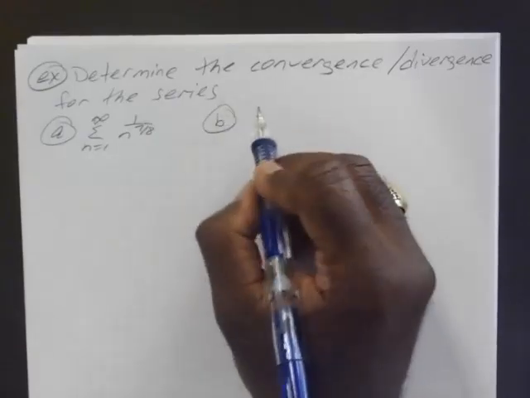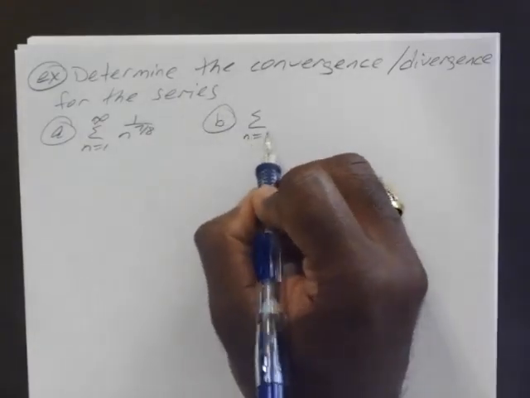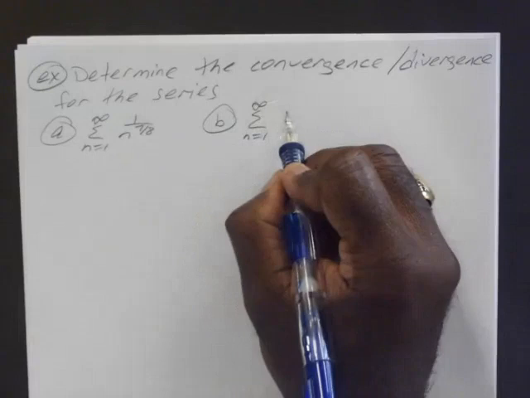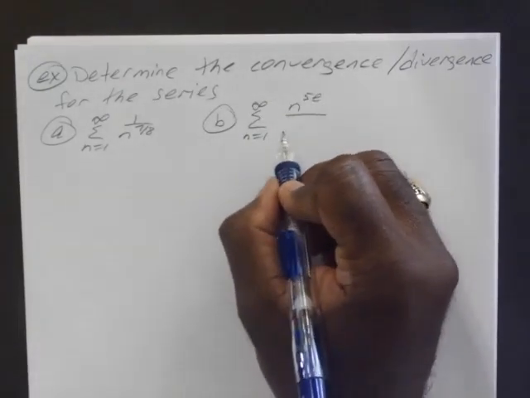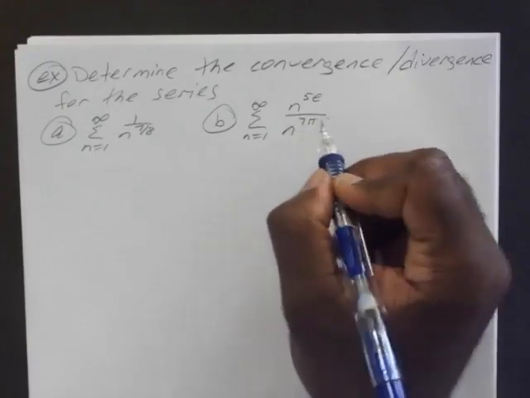And for B, we have the sum from n equals 1 to infinity of n to the power of 5 times e divided by n to the power of 7 pi.